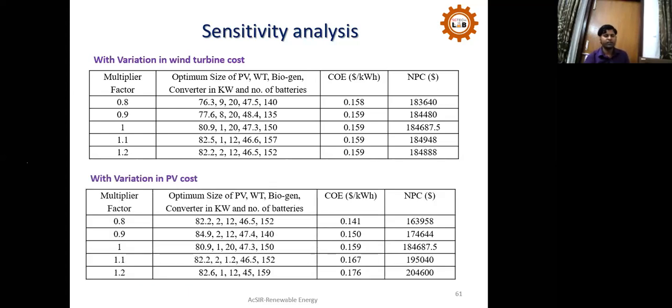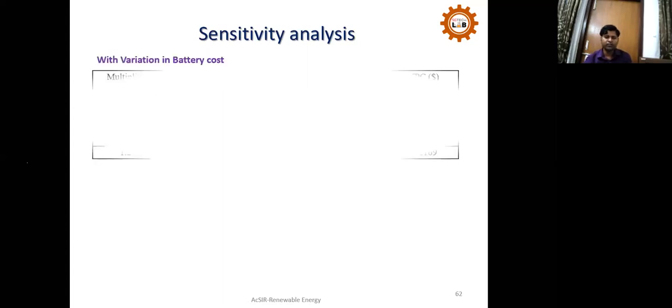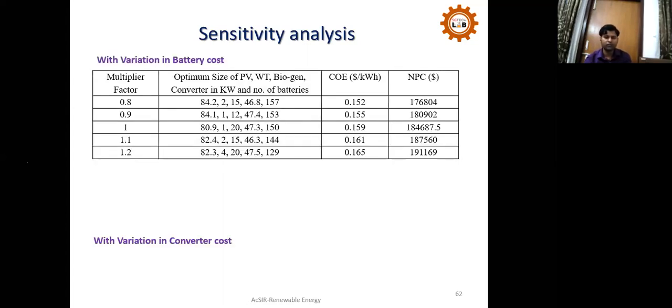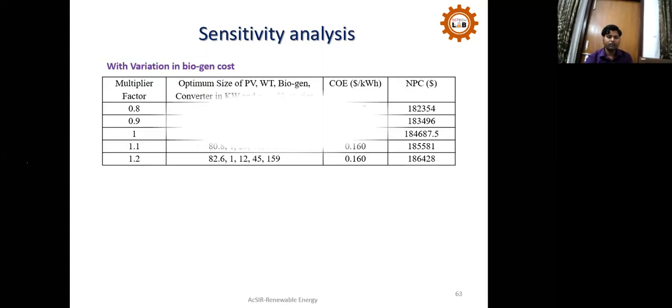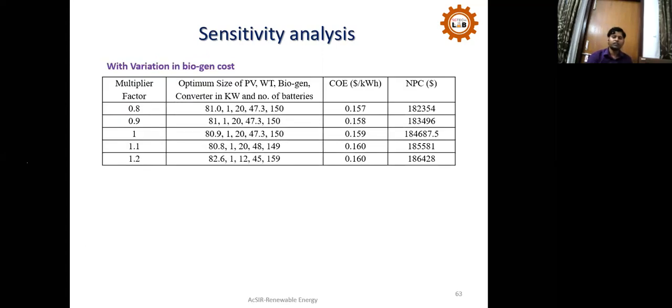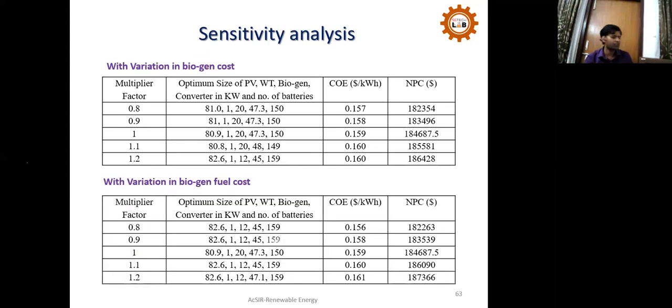Similarly, if the price of solar changes, you can see its effect on overall system cost. If the battery price changes, what will be its effect on overall system cost. If the converter cost changes, what will be its effect. I have also used a biogenerator: if the biogenerator cost changes, or if the biogenerator fuel cost changes, what will be its effect.